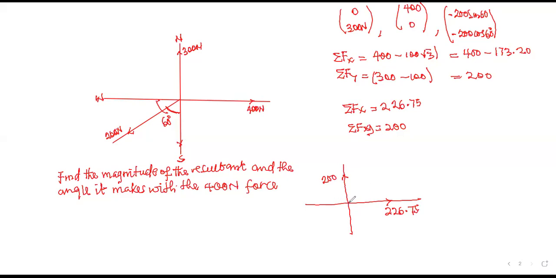Therefore, the resultant would act here. And the magnitude of the resultant will be equal to the square root of 226.75 squared plus 200 squared. And this is equal to, what's the final answer? Just give me the very final answer.